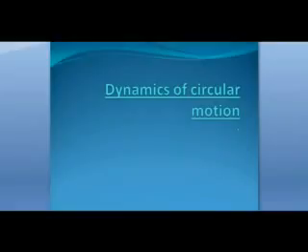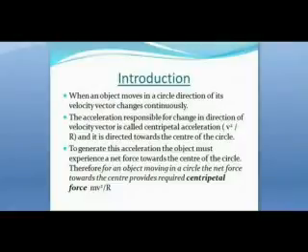Now we will start the chapter dynamics of circular motion. When an object moves in a circle, the direction of its velocity vector changes continuously. Suppose there is an object which is moving around a circle.